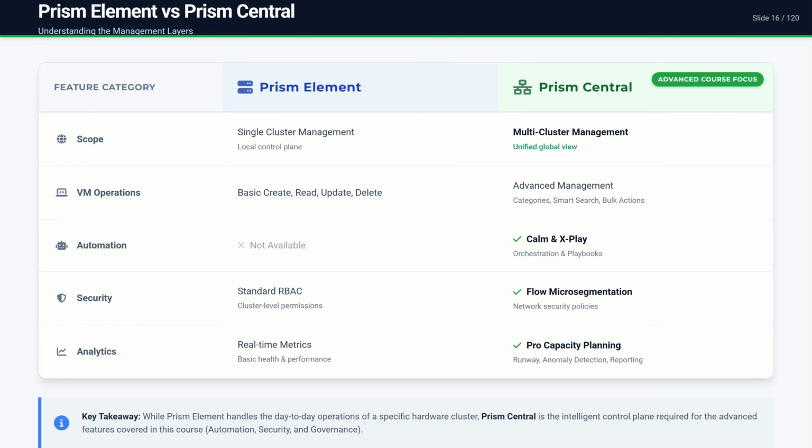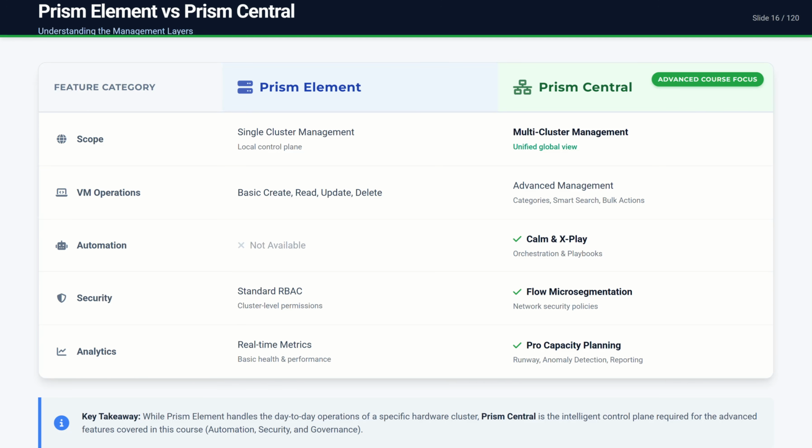It's your local control plane for one specific hardware cluster. Prism Central provides multi-cluster management with a unified global view. It sits above your clusters and manages them all together. Think of Prism Element as the manager of one store and Prism Central as the regional director overseeing all stores.